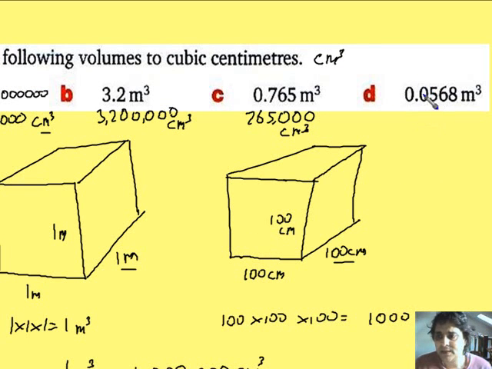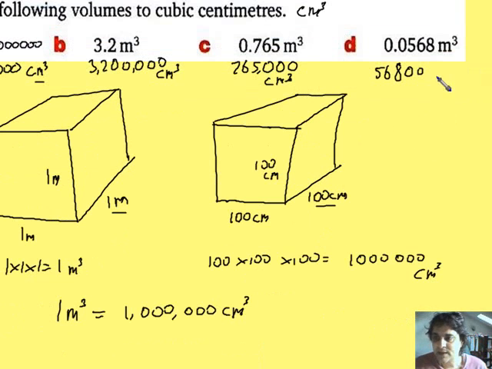Now, last one, still multiply by 1,000,000. I've gone 1, 2, 3, 4, and of course there's 2 more zeros to come if you multiply by 1,000,000. Again, you can use your calculator in Unit 3, so if you're not sure, just put that into your machine and multiply by 1,000,000, and we'll see what we get. But I'm sure that's correct, and that will be centimetres cubed.